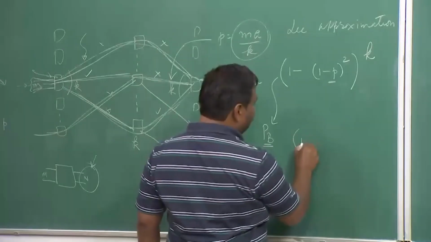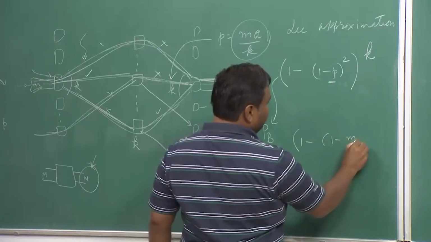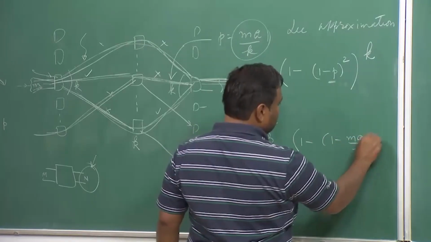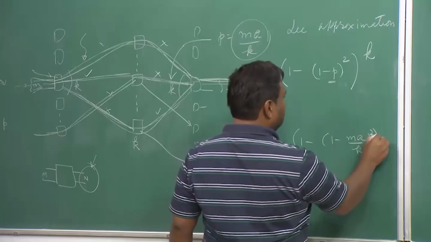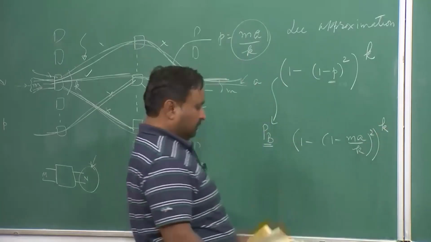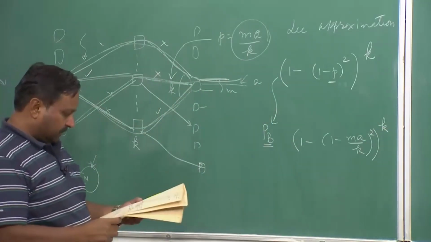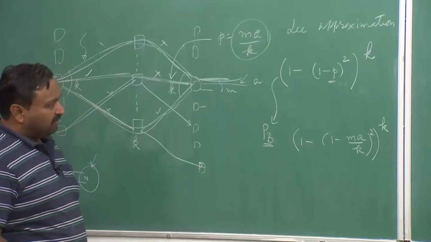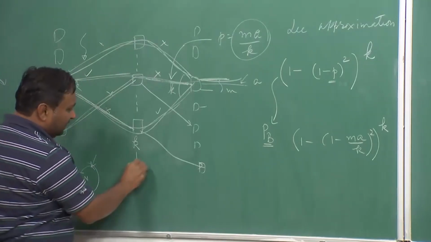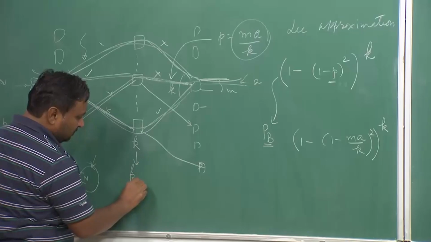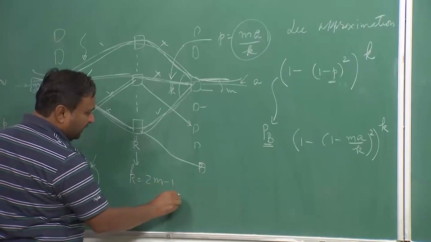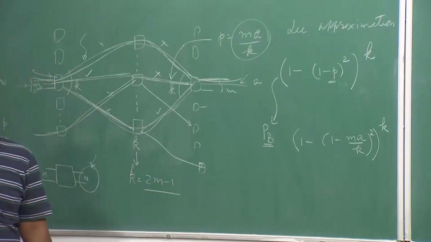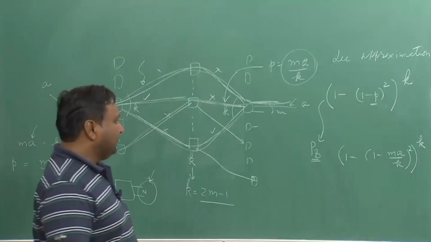And of course, I can replace p by this, so it will become 1 minus... Now the problem is, if I put k equal to 2m minus 1, this should become 0, but that does not happen.